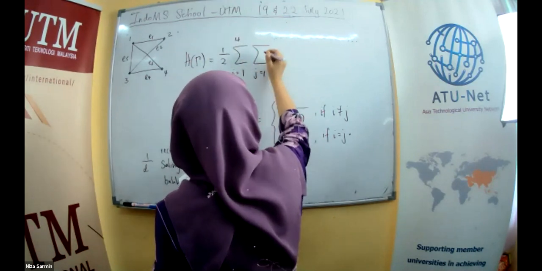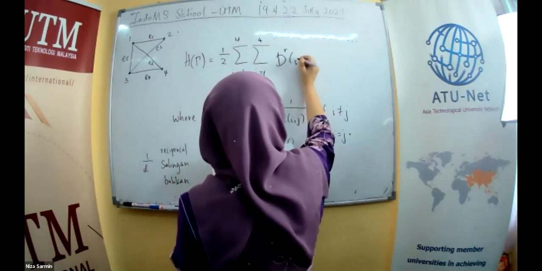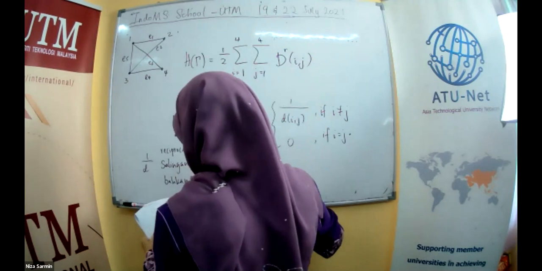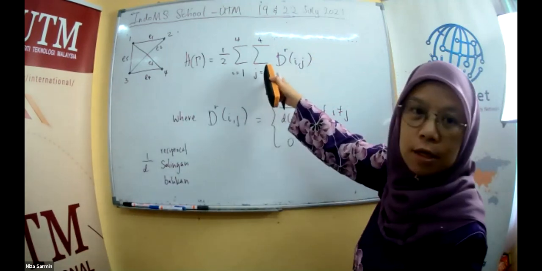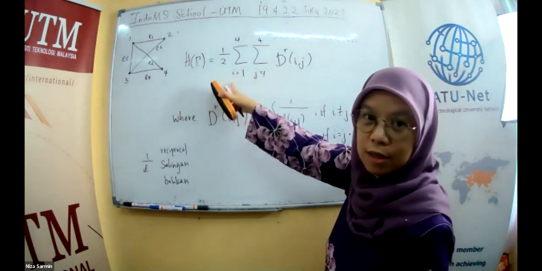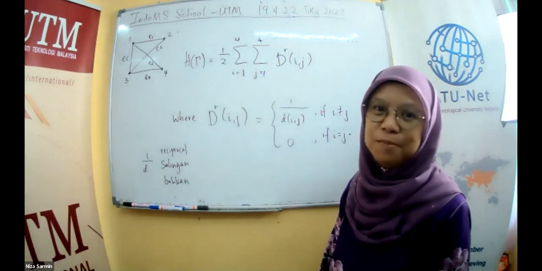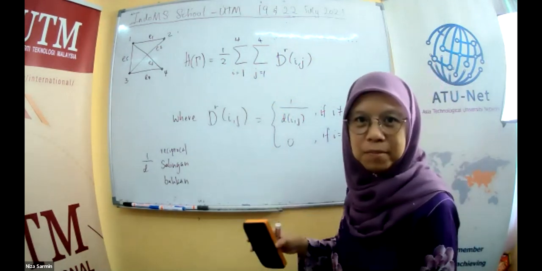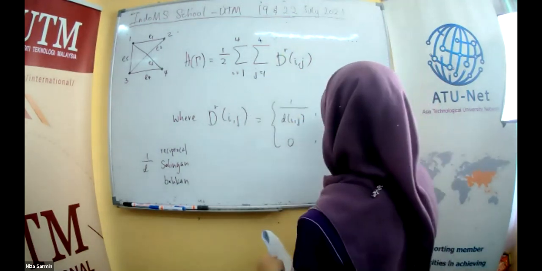Yeah, 1 until 4. Okay, so how many times, Nidia, do we want to calculate this? 4 times 4, right? 16 times. Okay, add up 16 pairs of ij.